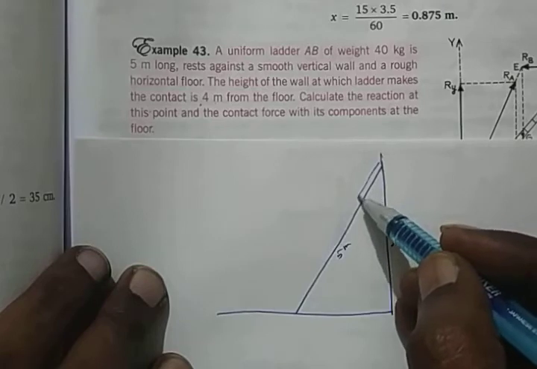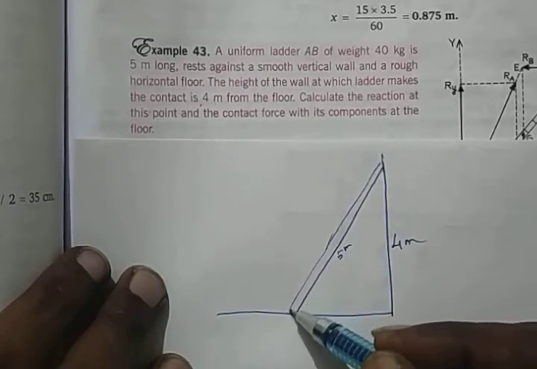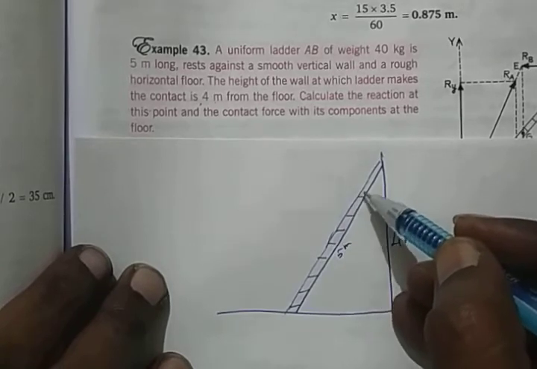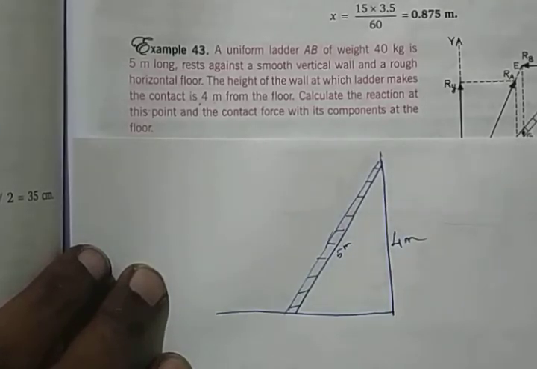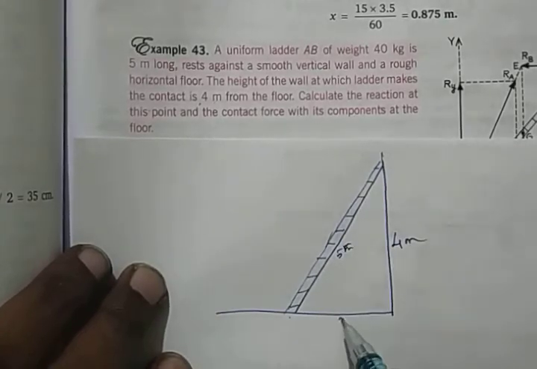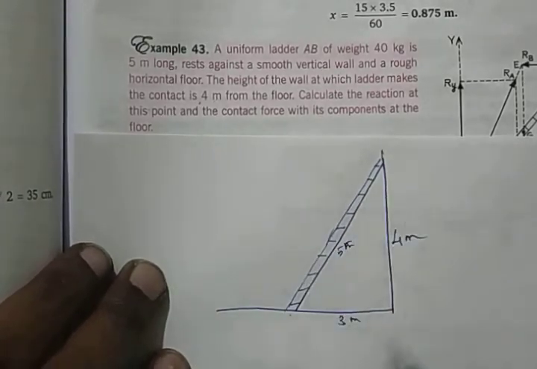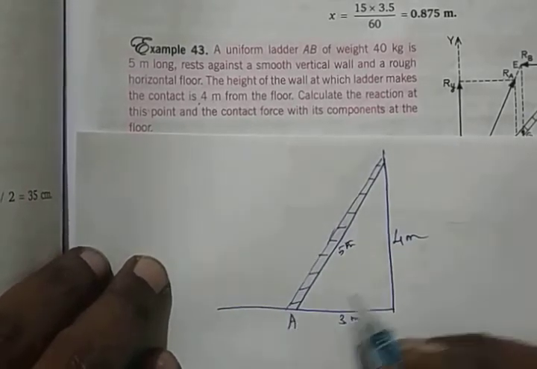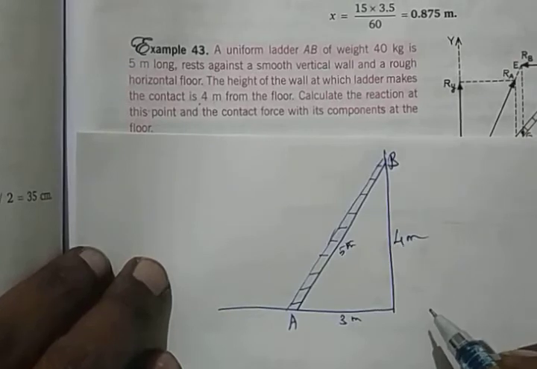So you can consider this is the ladder. If this is 5 meter and this is 4 meter, this will be 3 meter because Pythagoras theorem says that. So consider this is A and this is B, right?